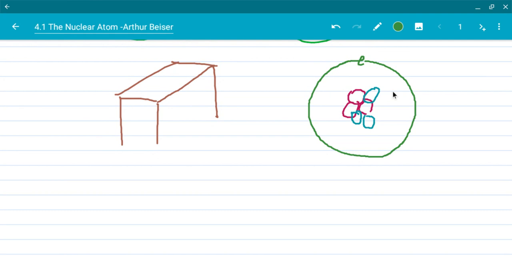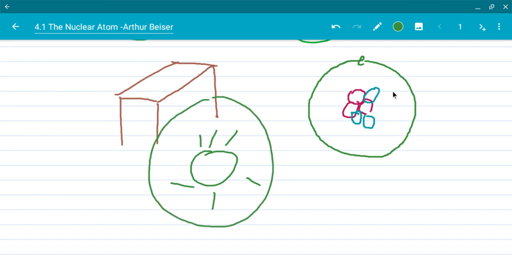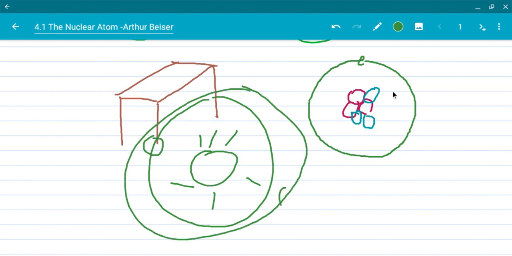But earlier on, this was not the case, and there were a lot of postulates being made. Before we move further, you should know this one thing: it's a very interesting concept that we have today of how electrons orbit the nucleus like planets orbit the sun. I'm sorry, I'm making a green sun, but let's suppose this is the sun, and all the planets are at definite distances from the sun.